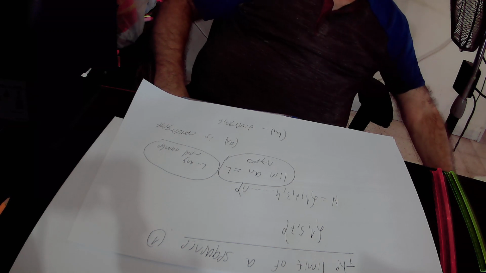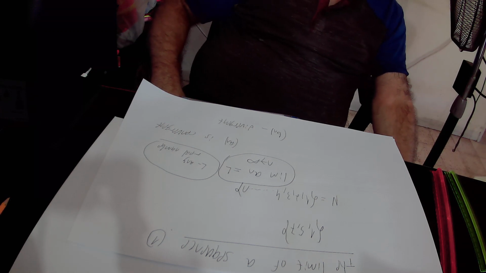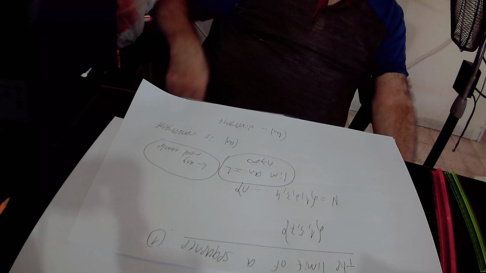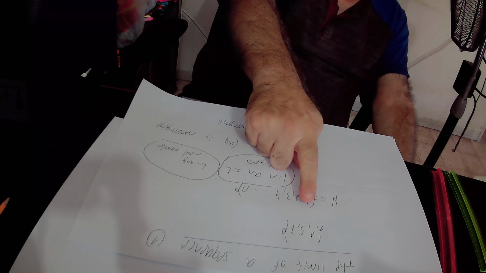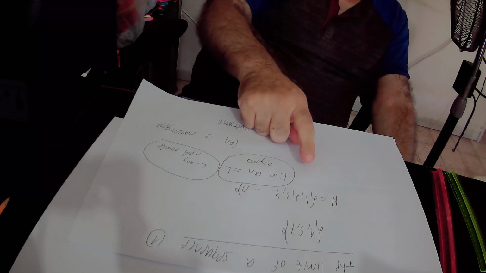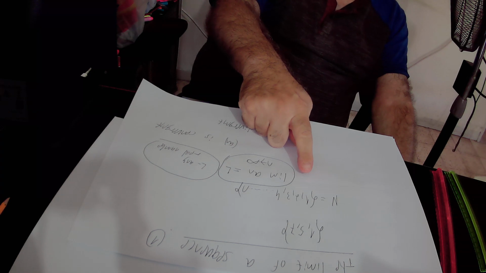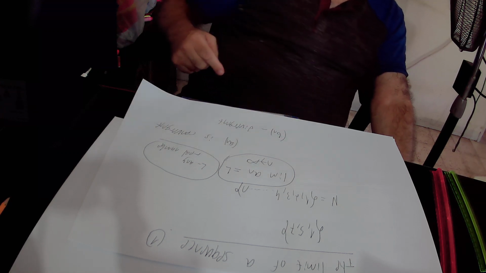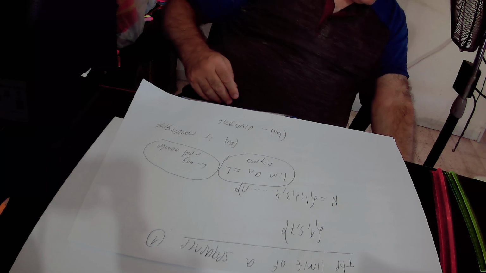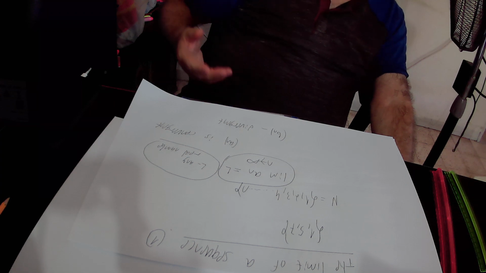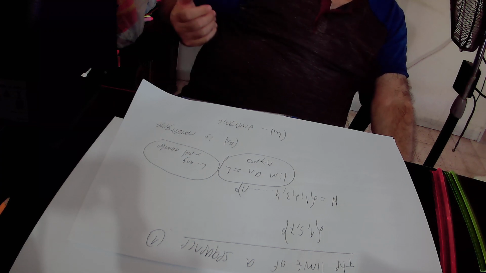I remind you that a sequence is a set of numbers. We have a finite sequence like this sequence that consists of only 3 terms, and we also have an infinite sequence like the set of the natural numbers. It is a sequence that consists of infinite terms, and therefore it is an infinite sequence.